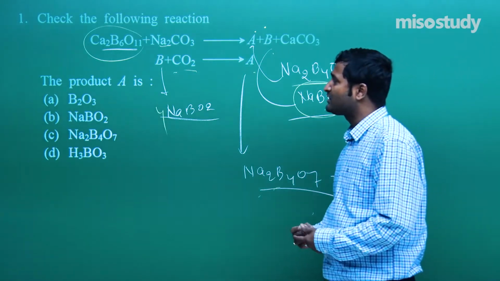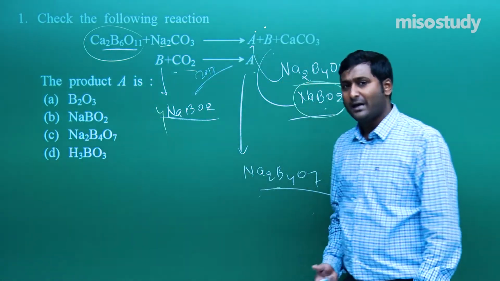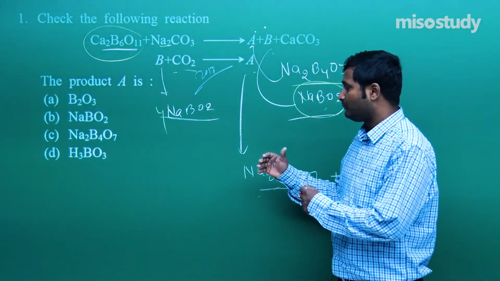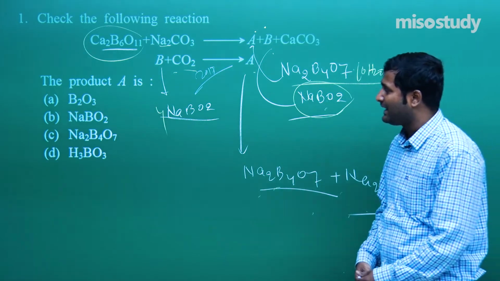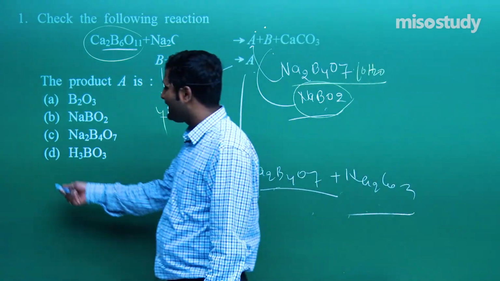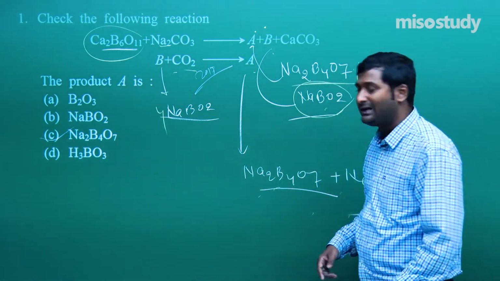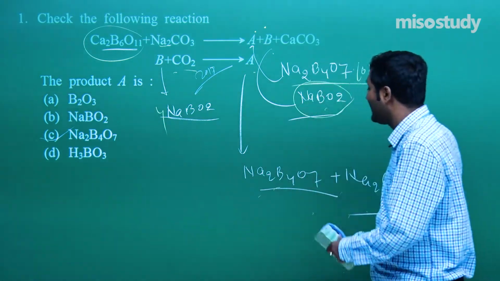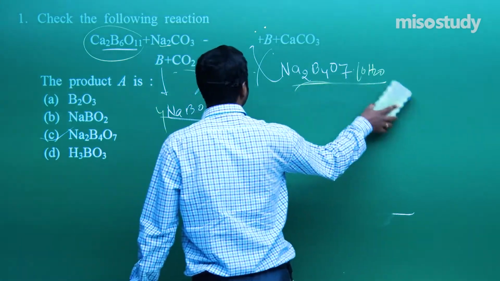This is one of the best questions for 2019 JEE Advanced Examination, because such questions are also asked using a paragraph. So the product A in this case is Na2B4O7.